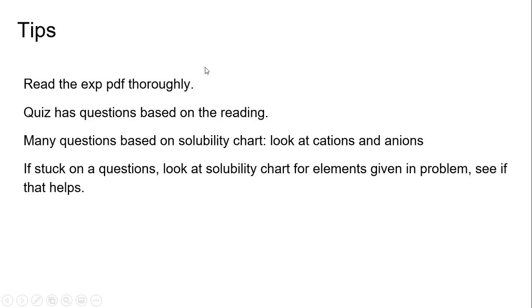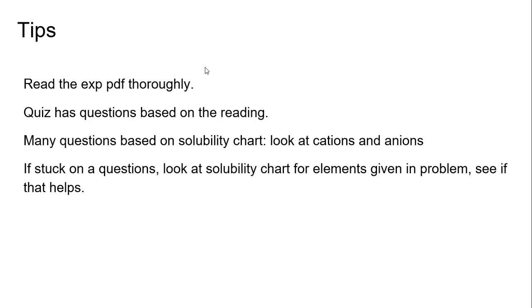Now here's some tips. Read the experiment on the PDF thoroughly. There are questions on the quiz that are based on the reading, so make sure that you've read it enough to be able to at least find it in your reading. Many questions, I mean, this is a solubility lab. That's all it is. Look at the cations, look at the anions. If one's not listed, the other one will be there, or it is considered an exception, either as a solid or as soluble.